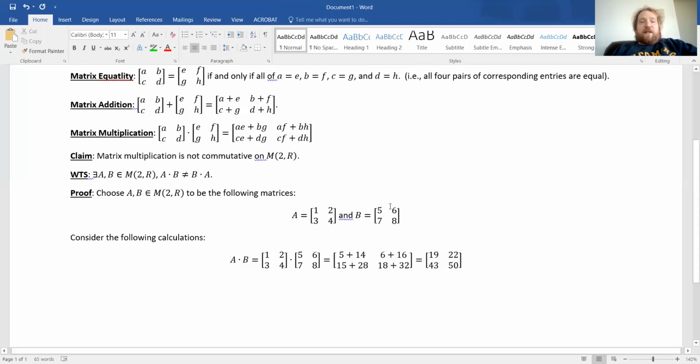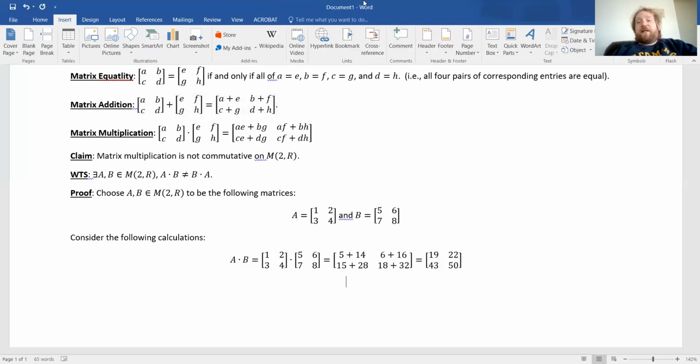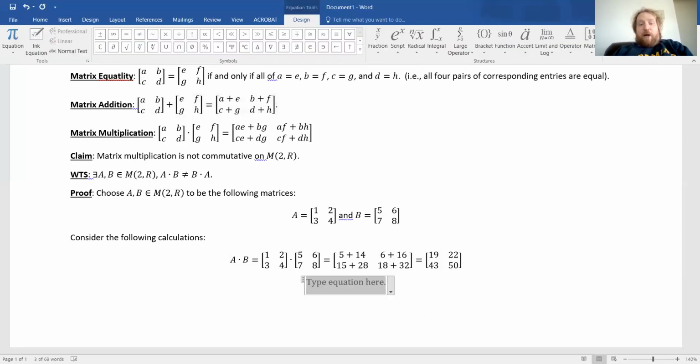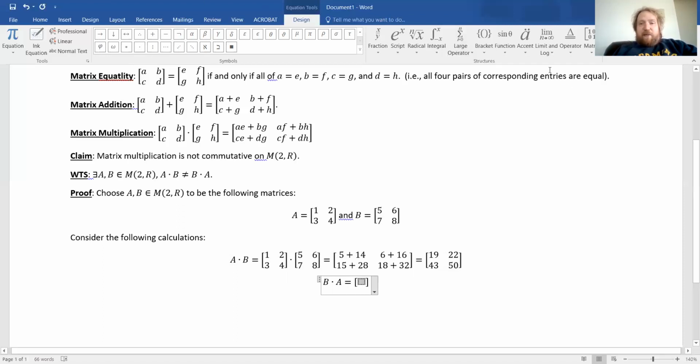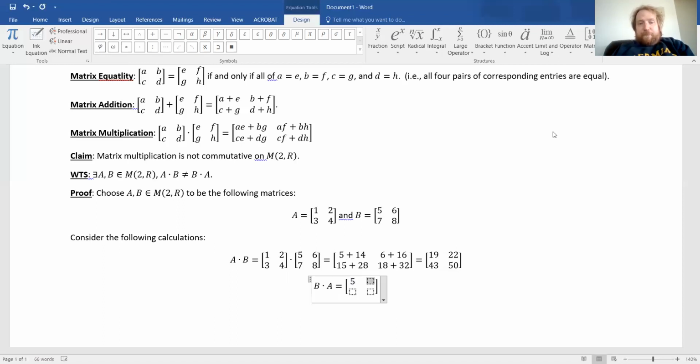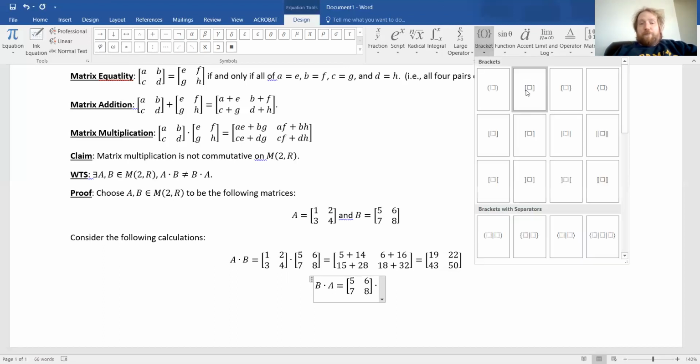Now, that was A times B. Let's do B times A, which is the product the other way around. So B times A, you take the matrix 5, 6, 7, 8 and you multiply it by the matrix 1, 2, 3, 4.